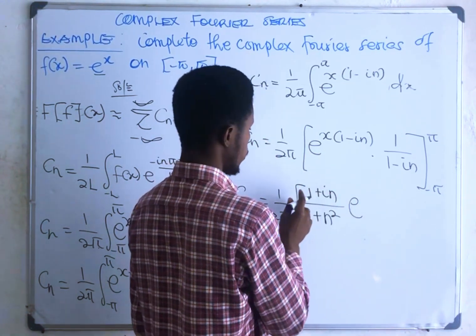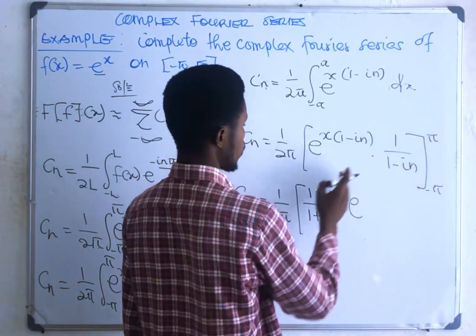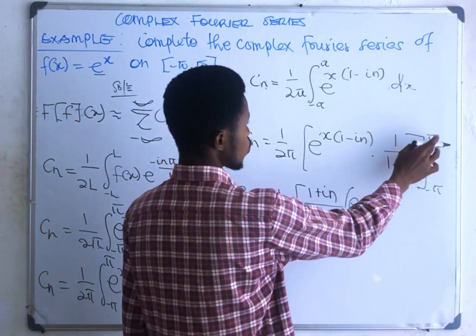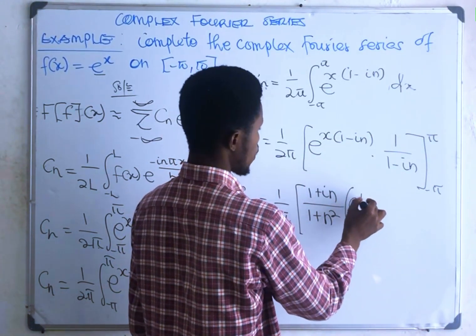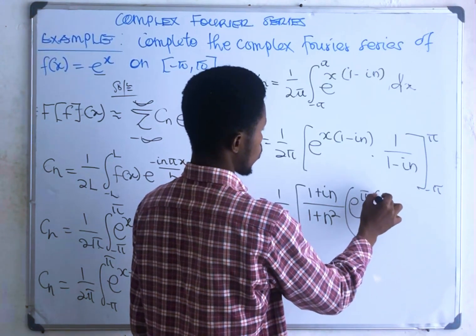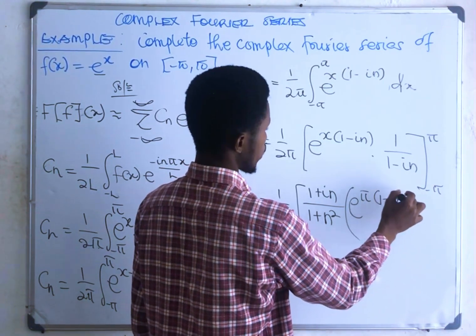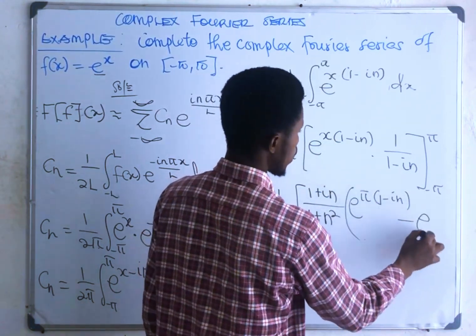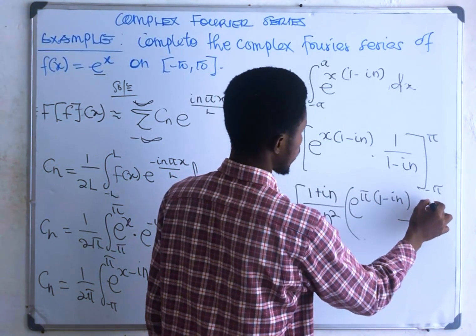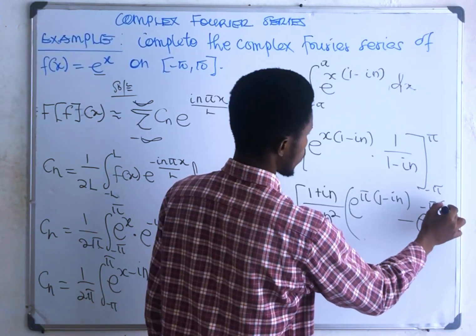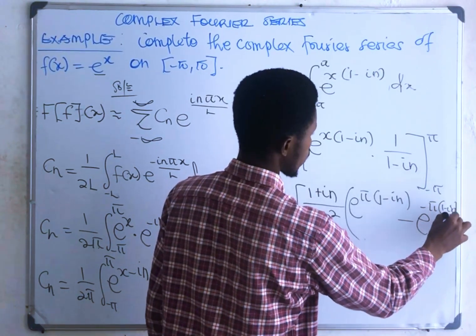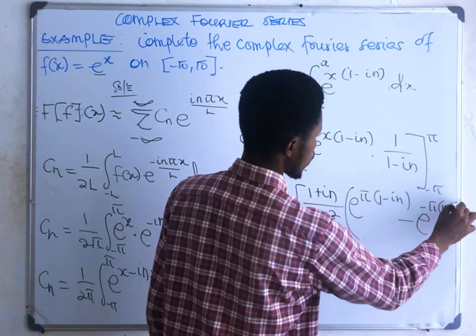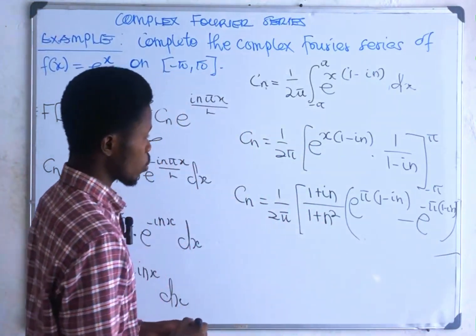Now I want to put this one in, right? So if I put this one here, I'm going to have e to the pi, bracket open 1 minus i n, minus, I'm putting this one there, e to the minus pi, 1 minus i n, like this. So this is what I'm going to have.